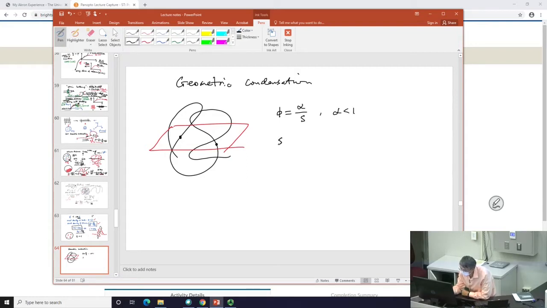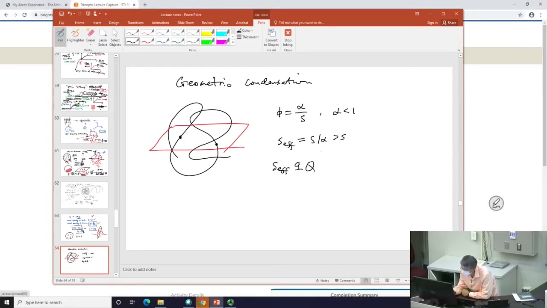Or, if you like, the effective cross-section is actually alpha S, that's larger than the original S. So in that sense, what we have is really this new S. It falls back Q times, and there are Q number of chains, and that satisfies 2 pi Rg squared.